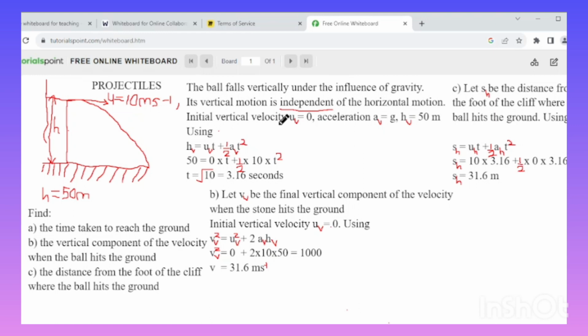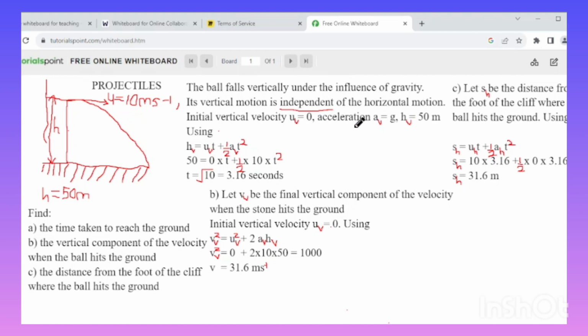The initial vertical velocity is 0. Why? Since the object is thrown horizontally, if you look at the diagram here, look at the direction with which the object is thrown. The object is thrown horizontally, so the vertical component of the initial velocity with which the object is thrown is 0, which is represented with u subscript v.